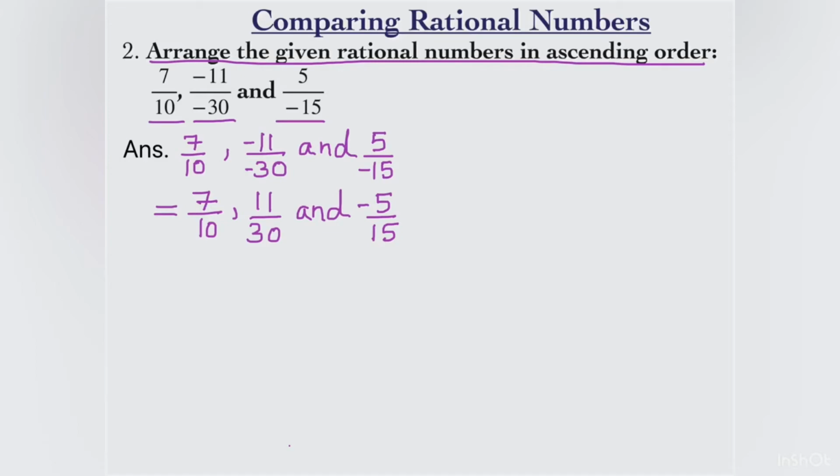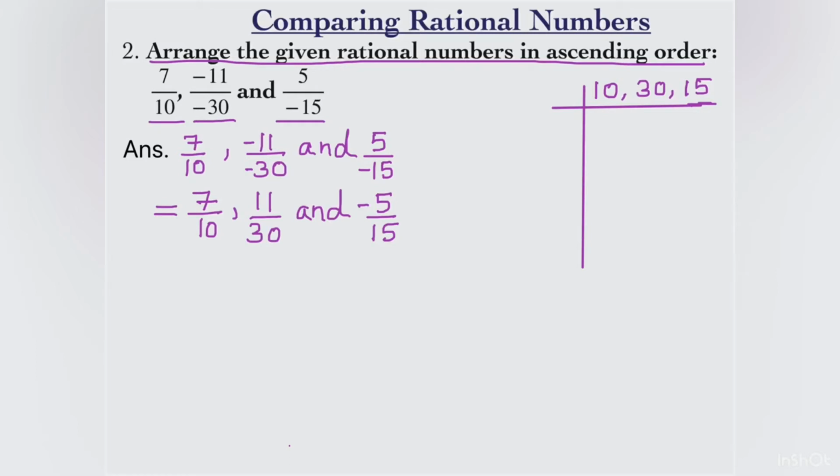Next, we need to make the denominators of these rational numbers the same. For this, we will find the LCM of the denominators, that is, the LCM of 10, 30 and 15.